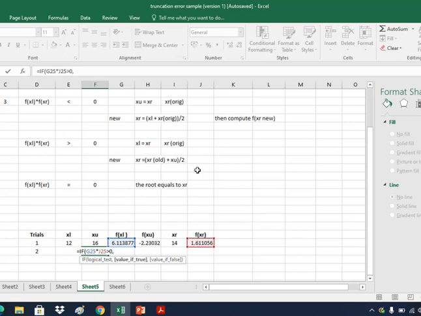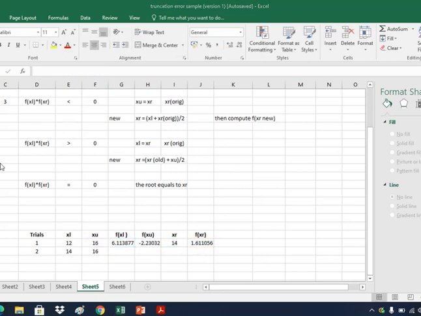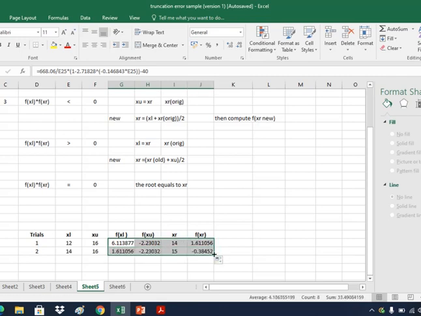Yung x of u is equal to original x of u or else x of r. Okay. Now we compute for the value of f of x of l and the f of xu. So let's just copy here.